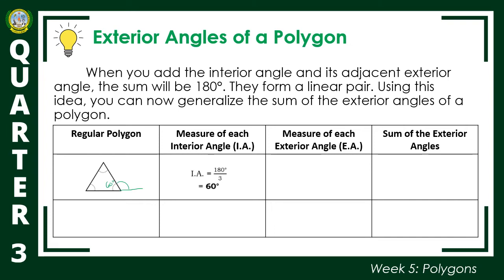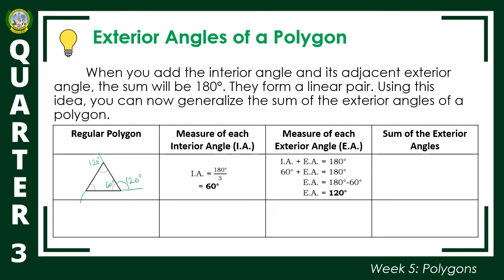And for us to find the measure of this exterior angle, we are going to subtract 60 from 180 degrees. And that is 120 degrees. Okay? So, ito po ay 120 degrees. And since mayroong tatlong exterior angle ang ating regular triangle, so ito po ay 120 degrees din.